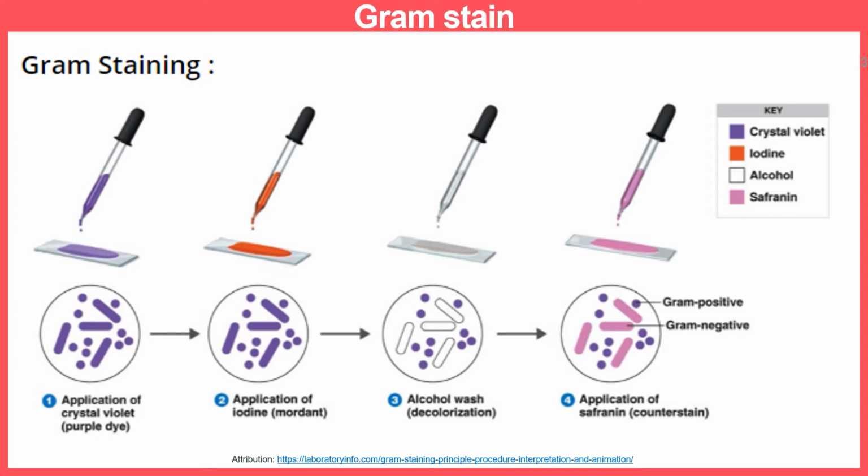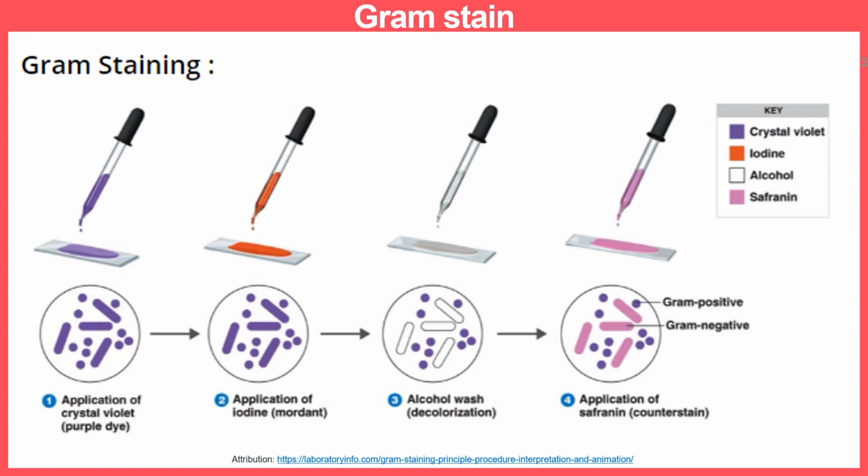It's important to be able to differentiate between the two types of bacterium because they'll be responsive to different types of antibiotics, and you need to ensure that any patient would have effective antibiotic treatment. Anyway, this stain works as follows.